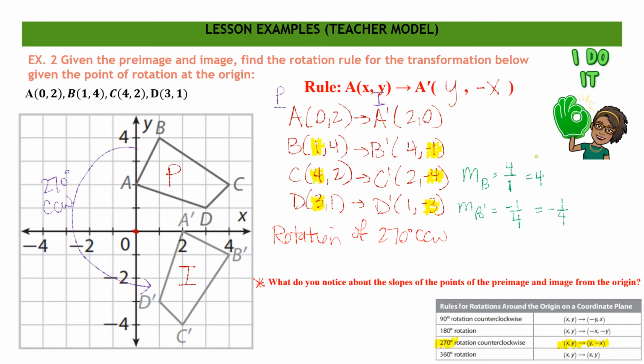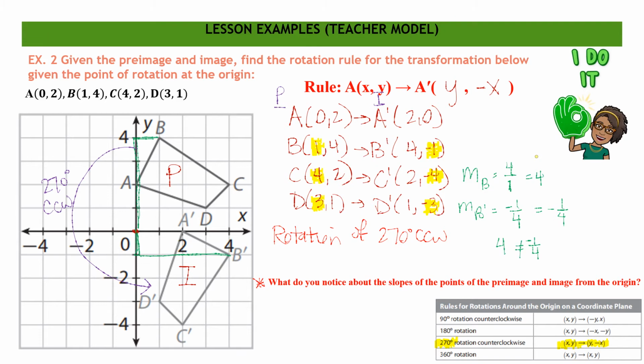I notice that here my slope is positive, and then here my slope is negative. So these two obviously are not equal to each other.